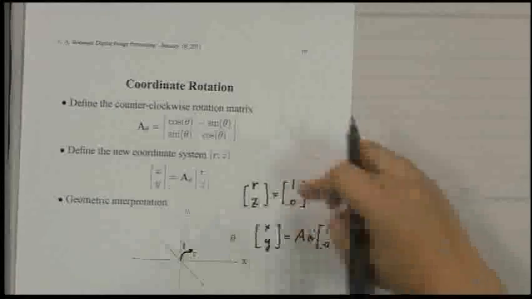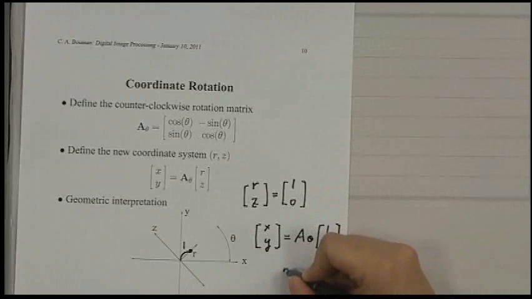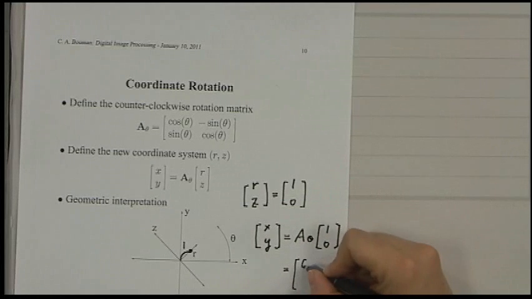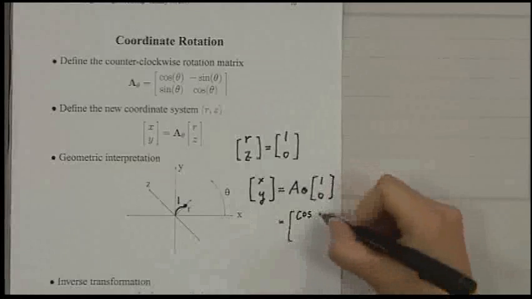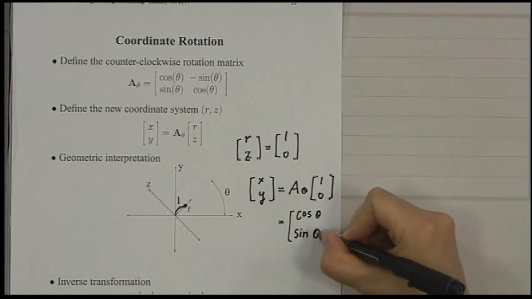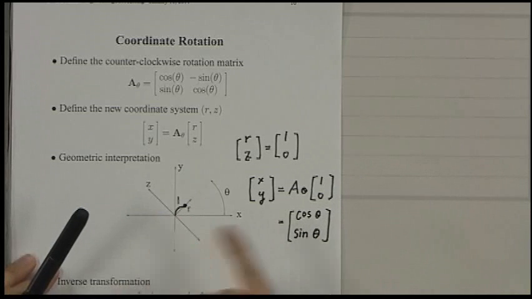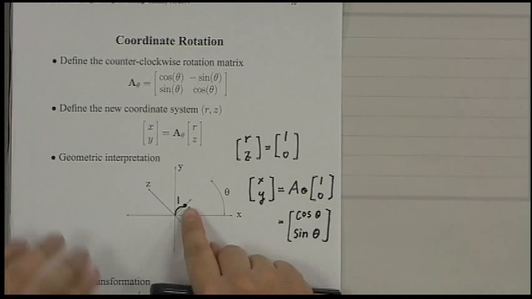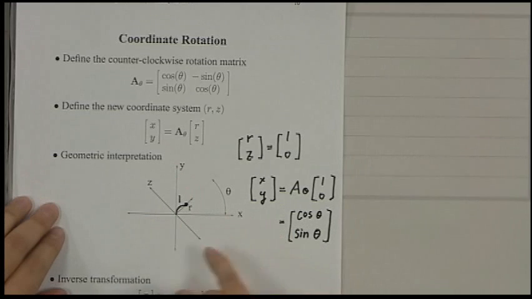Then we substitute this matrix here. Then what we can get is cosine theta and sine theta. So what we get is we change the coordinate. So this point now we can measure on xy coordinate. So this is cosine theta and sine theta.